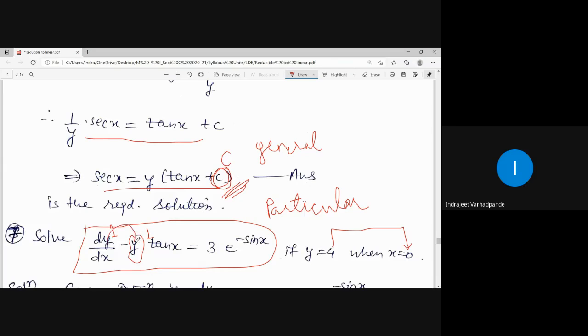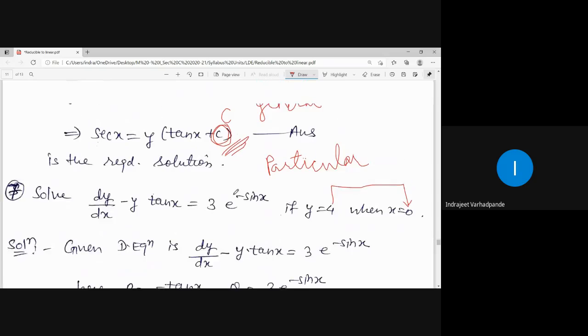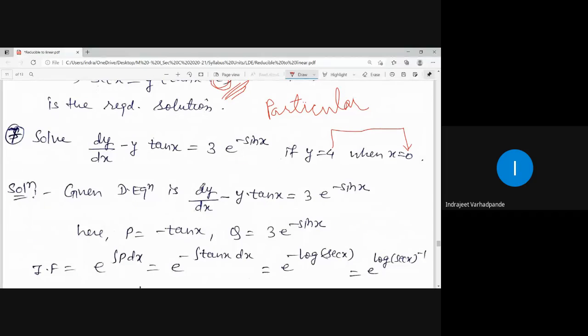They are not multiplied together. Maximum terms are of x. So I can call it a linear differential equation form with dependent variable as y. So I write down the given differential equation: dy by dx minus y into tan x is equal to 3 into e to the power minus sin x.